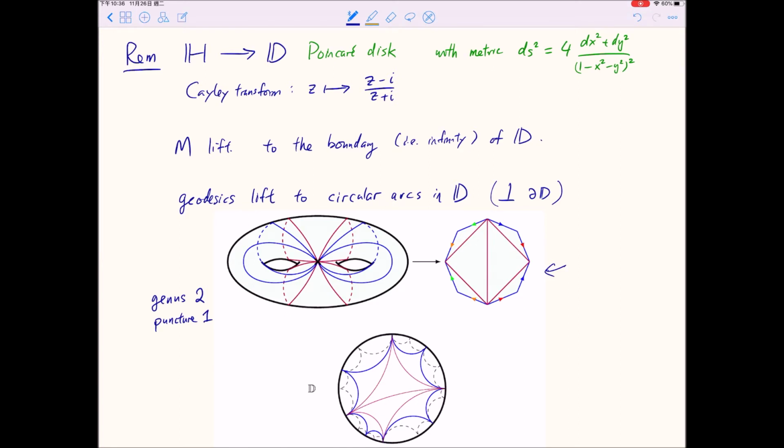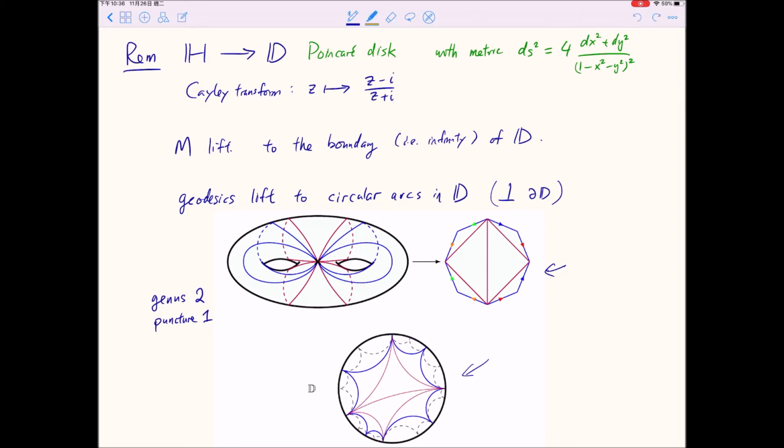So the Poincare disk model of this surface will be the following on the unit disk. All the sides of the octagon become geodesics on the disk.